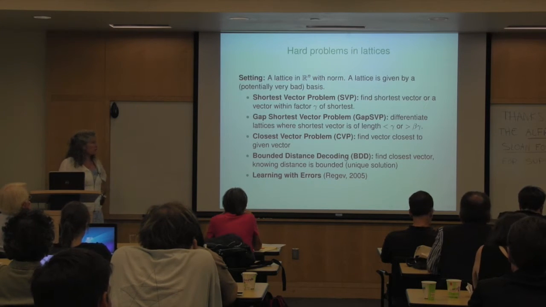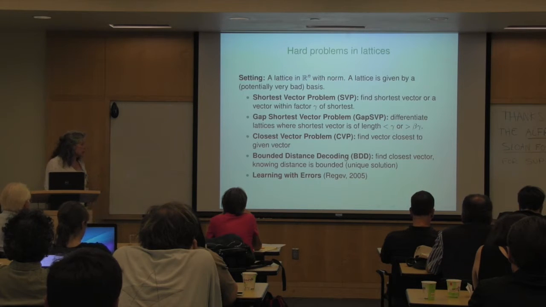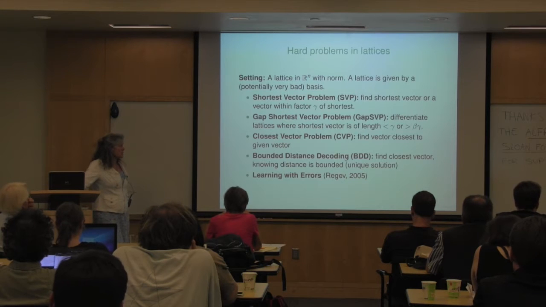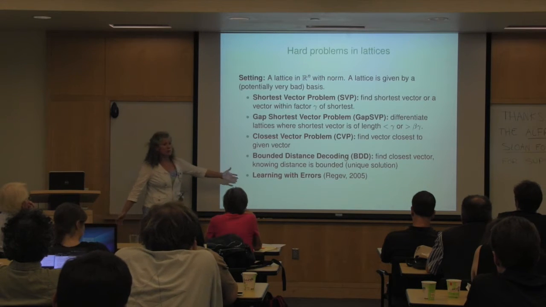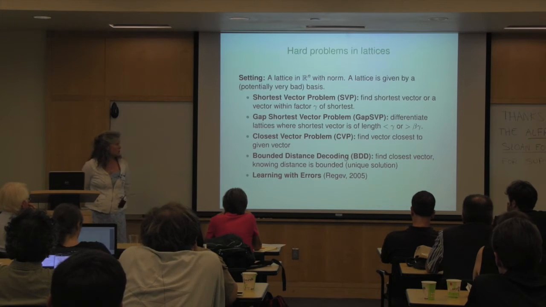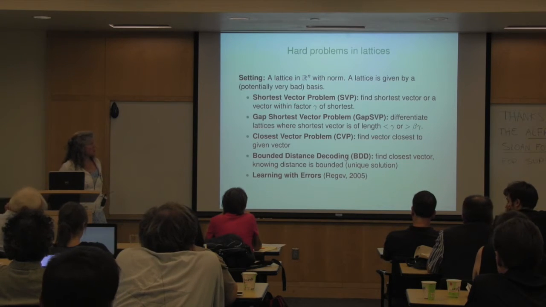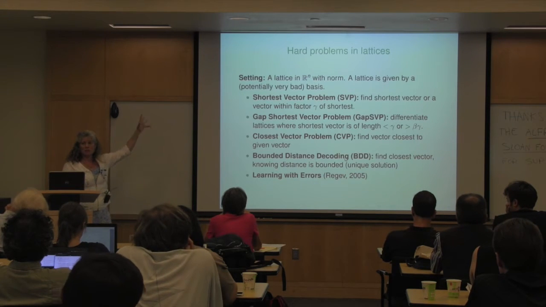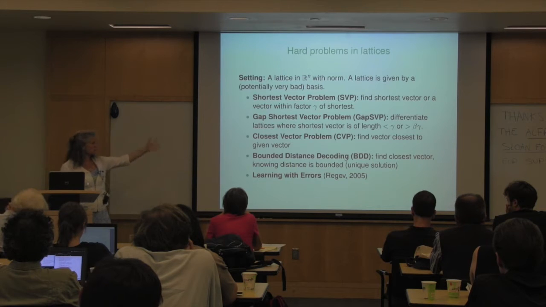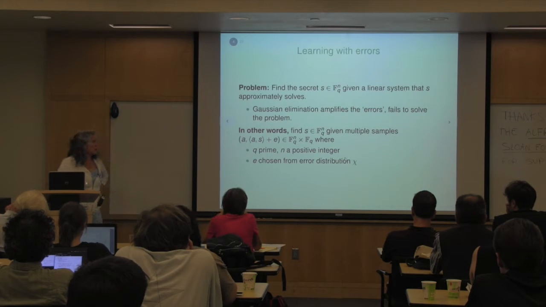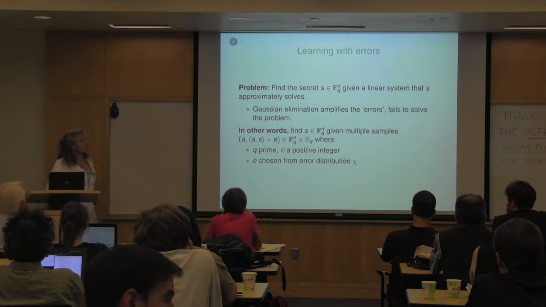The closest vector problem, bounded distance decoding, is finding the closest vector, knowing the distance is bounded. And finally, learning with errors, which he also mentioned this morning, proposed by Regev in 2005. This is not a complete list of all of these problems. It's just a sampling of some of the ones related to what I've been working on recently, which is the ring version of the learning with errors problem.